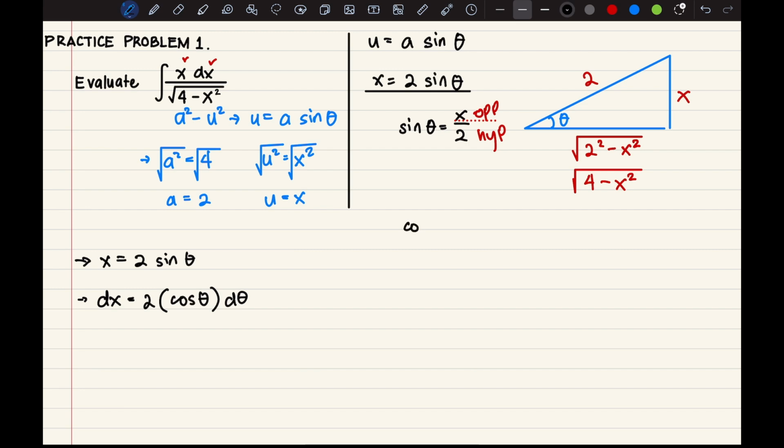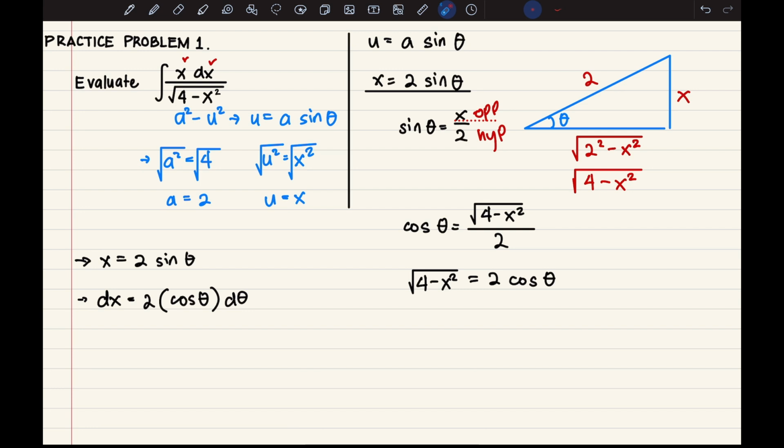So cosine theta is equal to the adjacent side, which is square root of 4 minus x squared, all over the hypotenuse side, which is 2. And then rearranging the equation, we have square root of 4 minus x squared equal to 2 cosine theta.